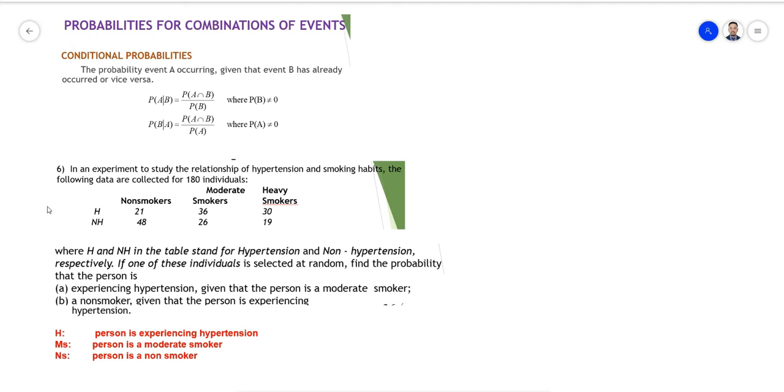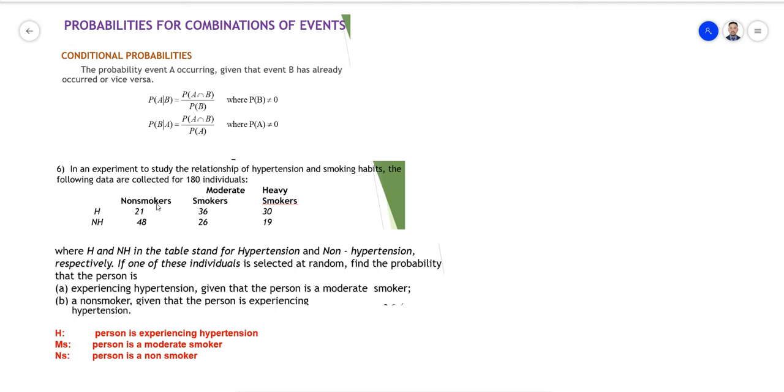In our first example, in an experiment to study the relationship of hypertension and smoking habits, the following data are collected for 180 individuals. So we have the sample size as 180. We have here a table for H, which is the hypertensive or the persons with hypertension, and NH is for the non-hypertensive persons.